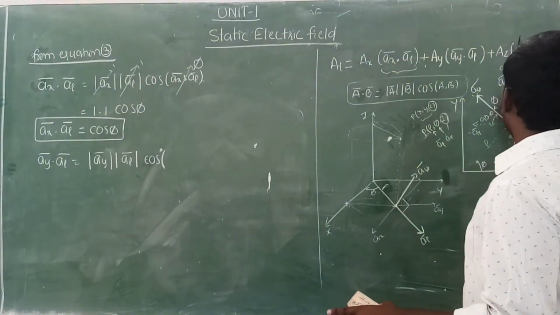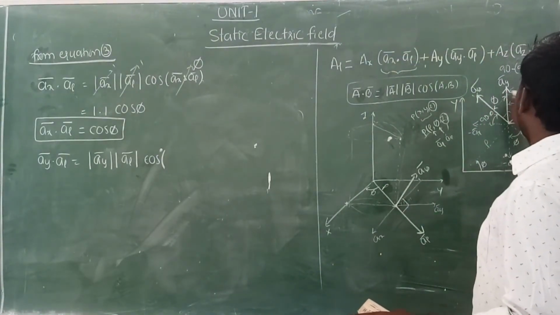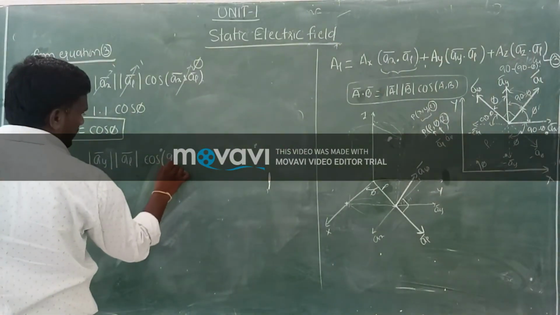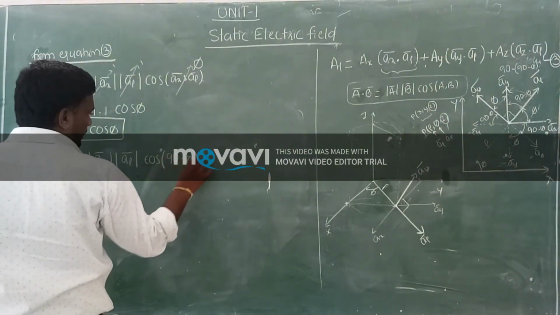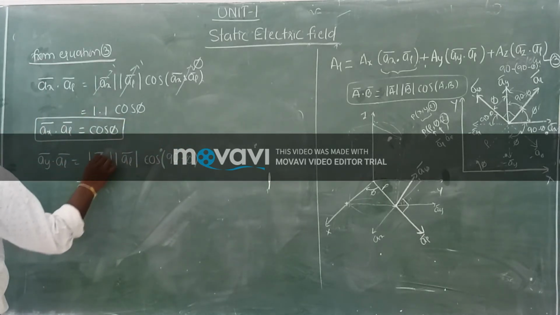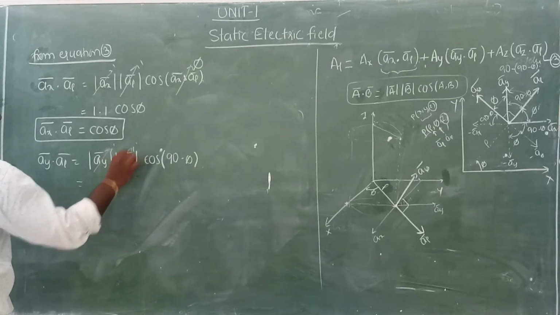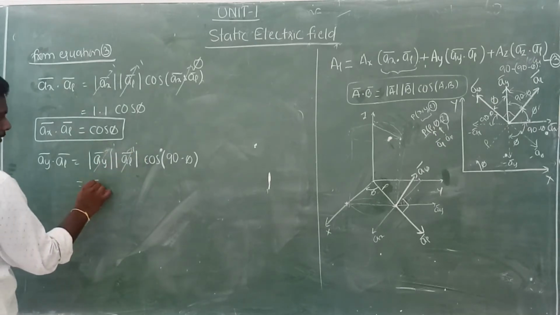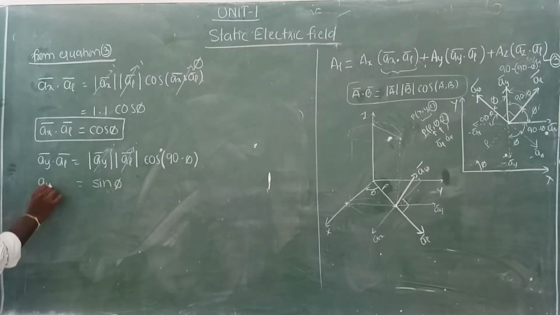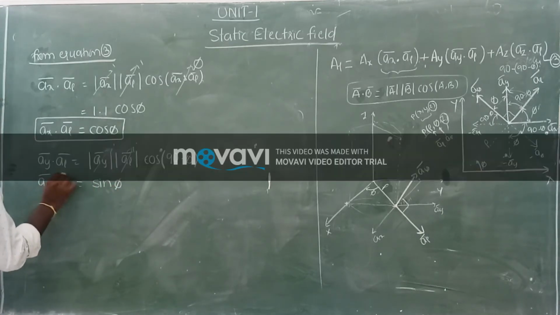This is my a_y and this is my a_rho. The angle between a_y and a_rho is 90 minus phi. Cos of 90 minus phi is sin phi. So 1 into 1 into sin phi, because the magnitude of a unit vector is 1. So a_y bar dot a_rho bar is equal to sin phi.